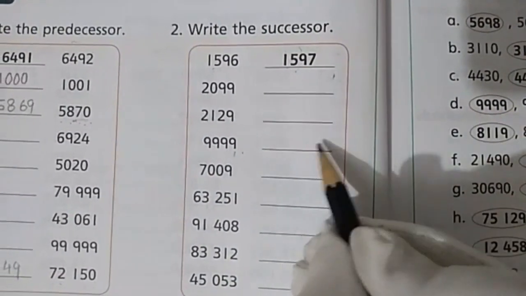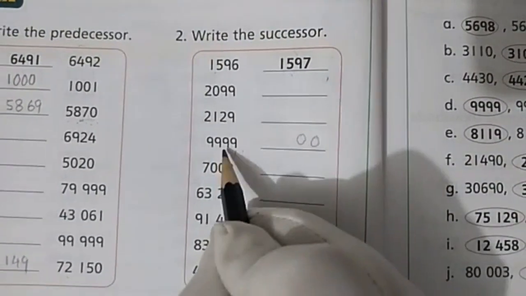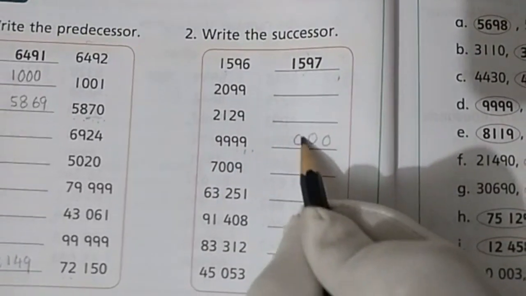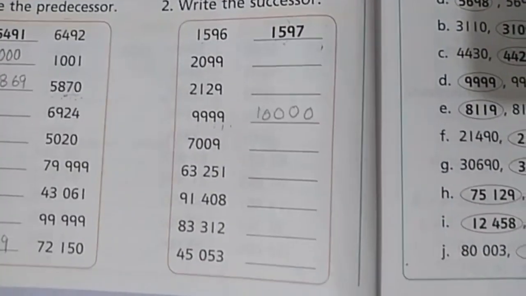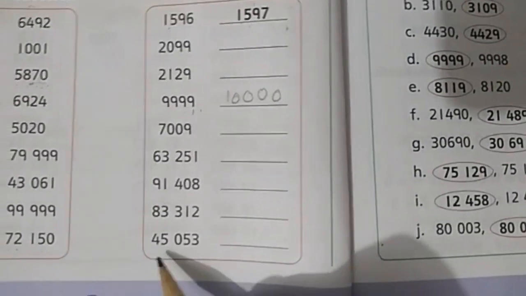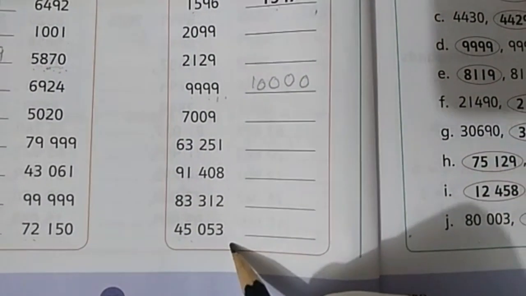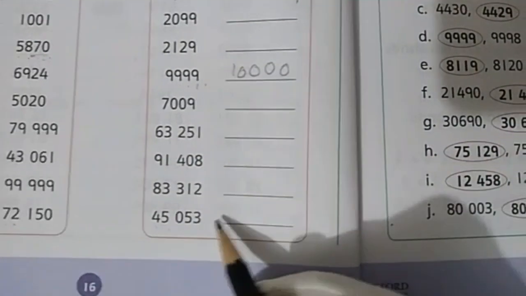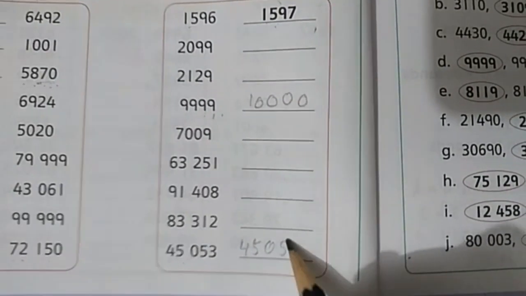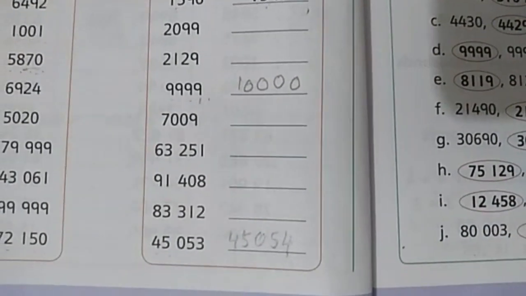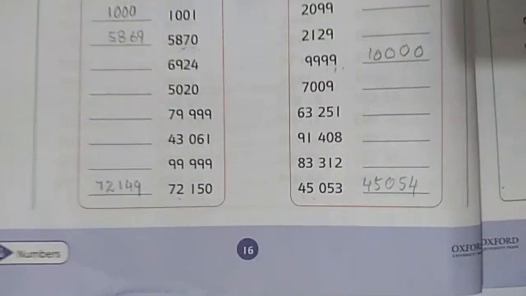It becomes 0, it becomes 0, it becomes 0, and it is 10,000. Now, if the number is 45,053, what is the next number? The number is 45,054. In this way, complete your page number 16.